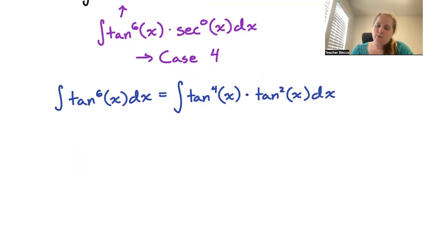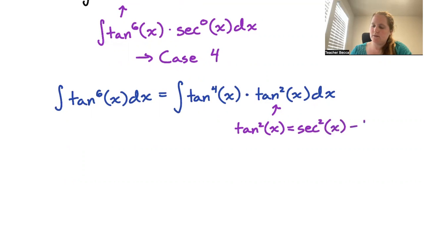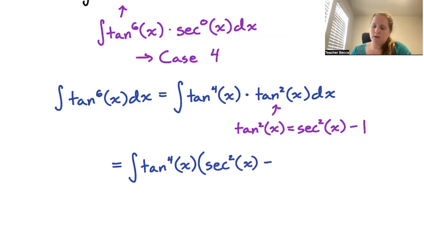That tangent squared of x is simply secant squared of x minus 1. So we are looking at the integral of tangent to the fourth of x times secant squared of x minus 1 dx.